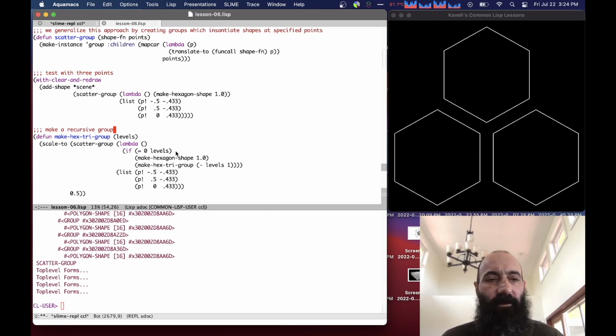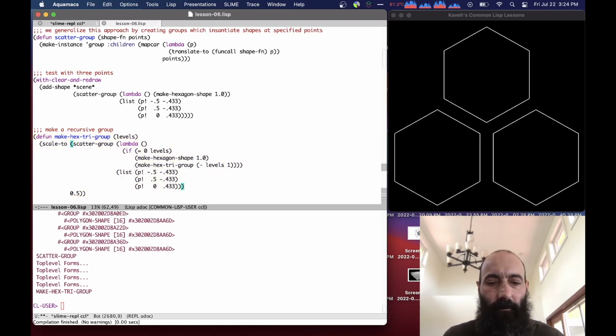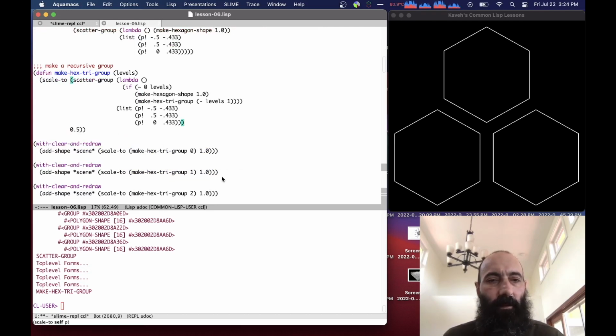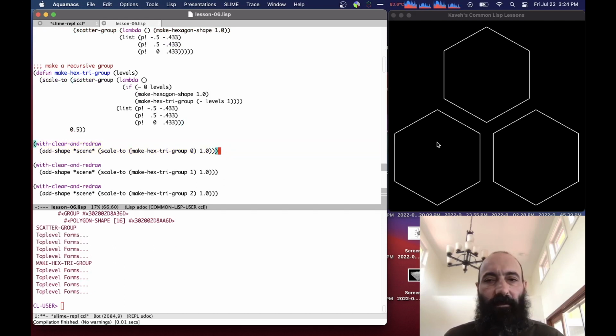If levels is not 0, it makes a hexagon trigroup recursively. It calls itself with levels minus 1. And so let's see what that does visually. So if we compile this, and call this with level 0, it's the same thing, nothing changed.